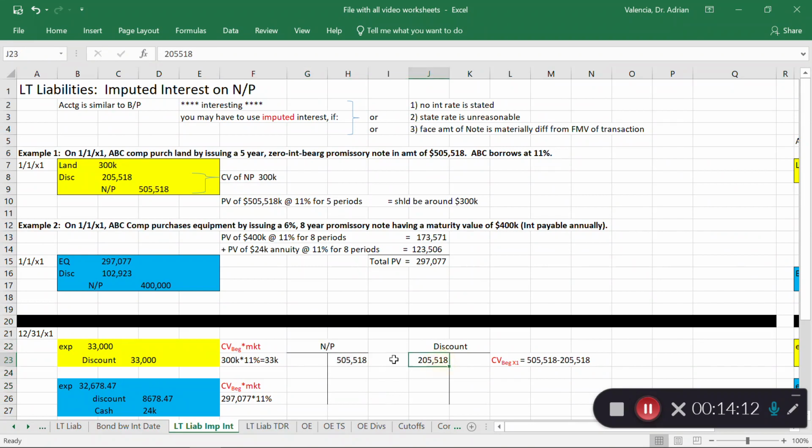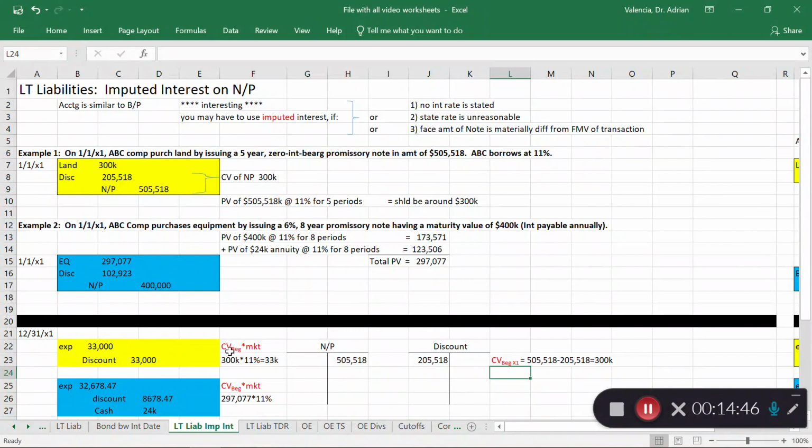So at the beginning of X1, when we started this, the carrying value was 505 minus 205, which is $300,000. It happens to be the same as the land, of course, but that changes afterwards. So when I do this computation, I'm using this carrying value at the beginning of the period times 11%, and that's what gives me $33,000.